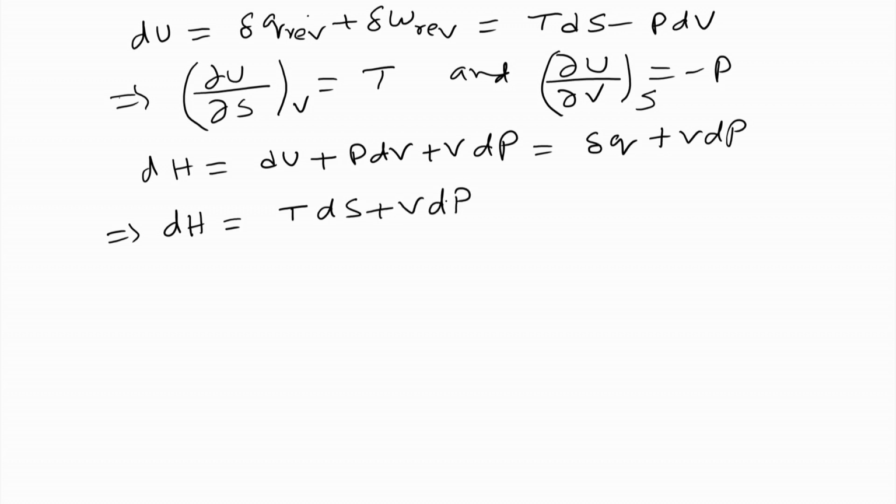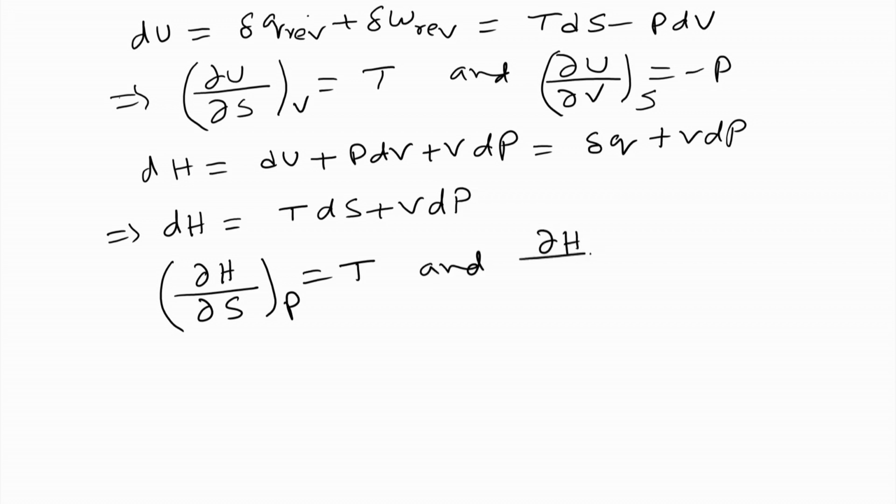If we do it the way we did before, we get del H by del S at constant pressure is T, and del H by del P at constant S is V.